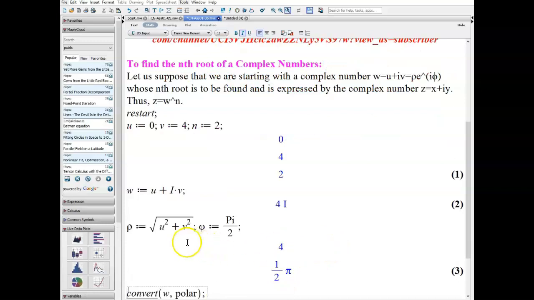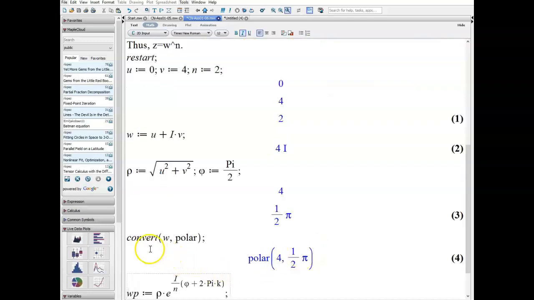Rho and phi can be calculated using the transformation equations: rho is the square root of u squared plus v squared, and phi is equal to tan inverse of v upon u. So rho is equal to 4 and phi is equal to pi by 2. We can use a single command, convert w, polar, that makes the polar representation of the complex number w.